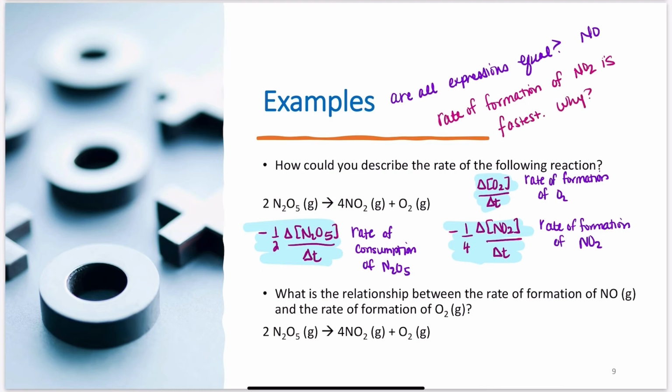Why? Because I have to produce 4 moles of NO2. I've got 4 moles of NO2 being produced for every 1 mole of O2 being produced and 2 moles of N2O5 being consumed. So the rate of formation of NO2 is actually the fastest because I have to produce so much more of it compared to my other product and compared to the consumption of my reactant.